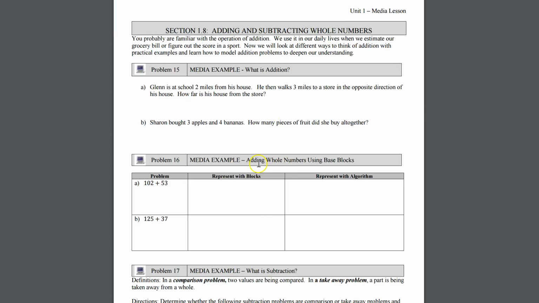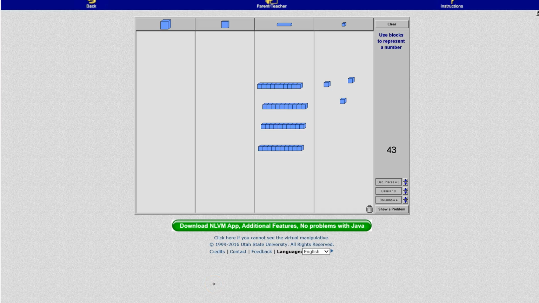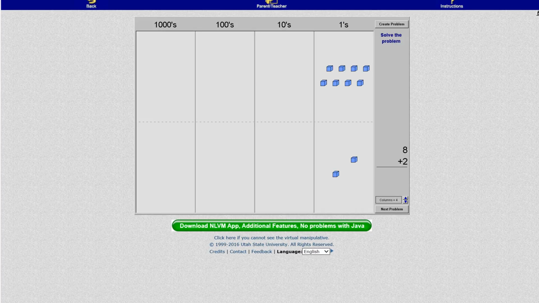So here, adding whole numbers using base blocks, let's just look at a problem and how you might connect it to these 2 ideas. Okay, so here we have 8 plus 2. Again, I know not incredibly cognitively challenging.